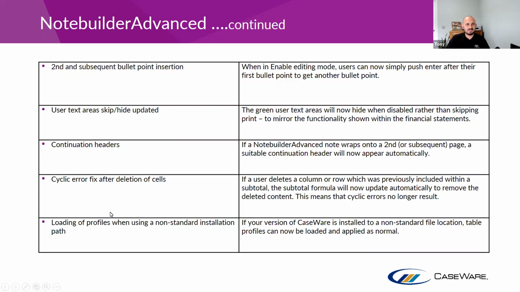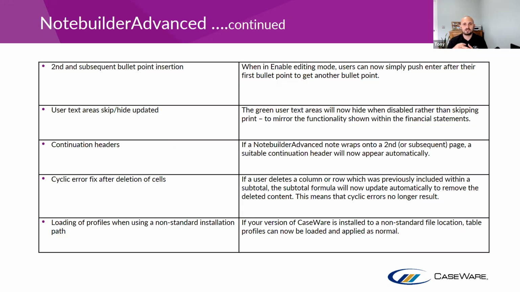Cyclic error fixes, that's for the calculation columns from within our profiles. So for anyone who hasn't used NoteBuilder before, there is a profile option in there, so you can load some templates onto the NoteBuilder note. So you could start off with a 2-column note, or you could start off with a SOFA style note or something along those lines.